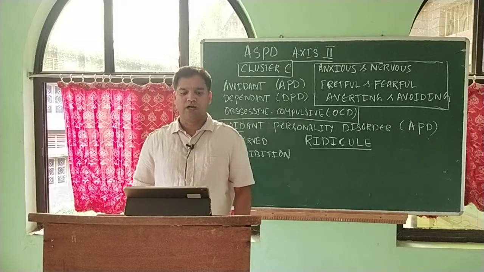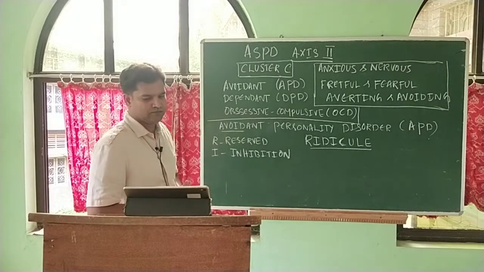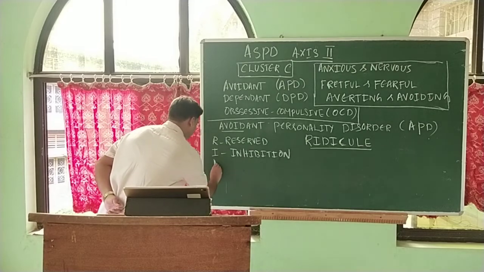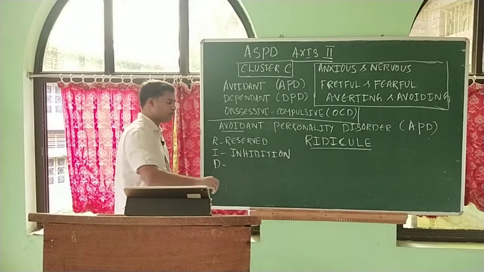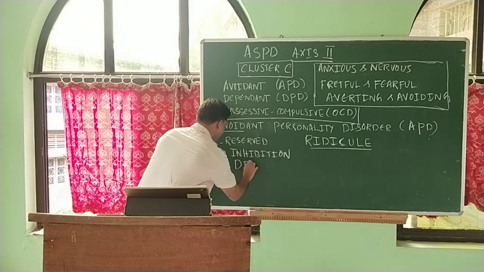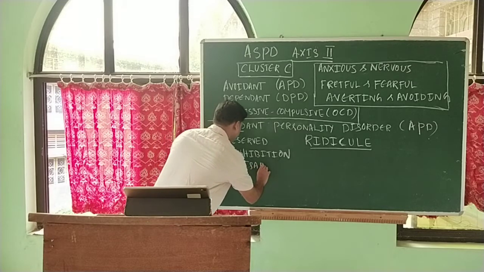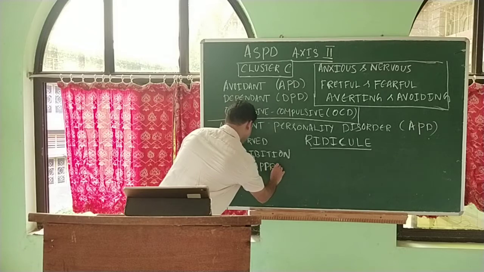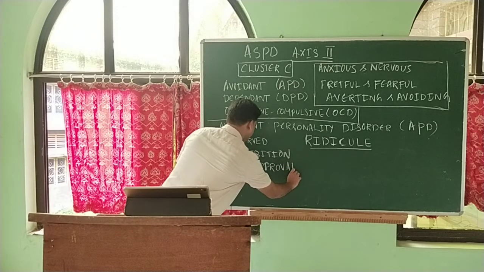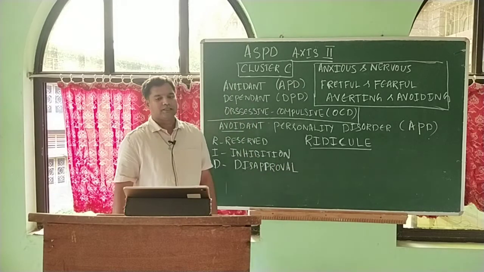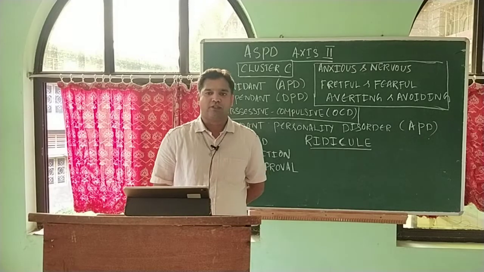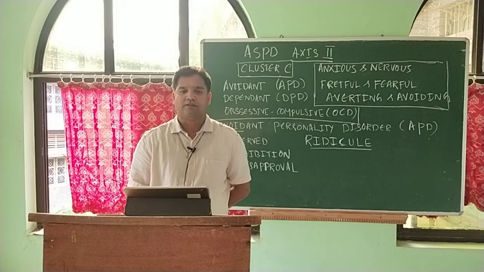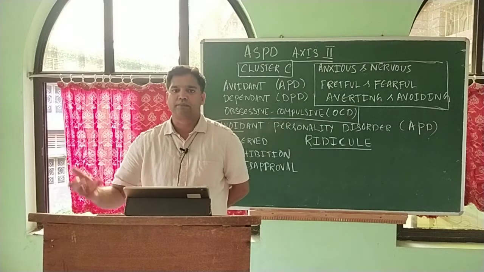And D stands for disapproval. They always fear disapproval from others. That's why they don't relate with the others. Disapproval expected at work, because they think they will be rejected by others.